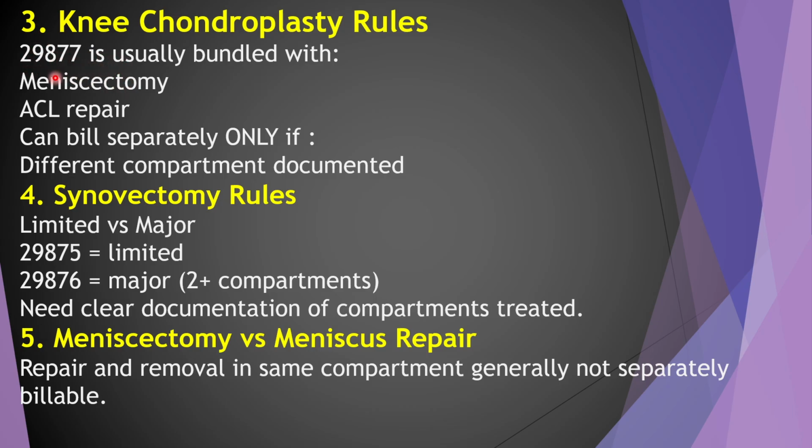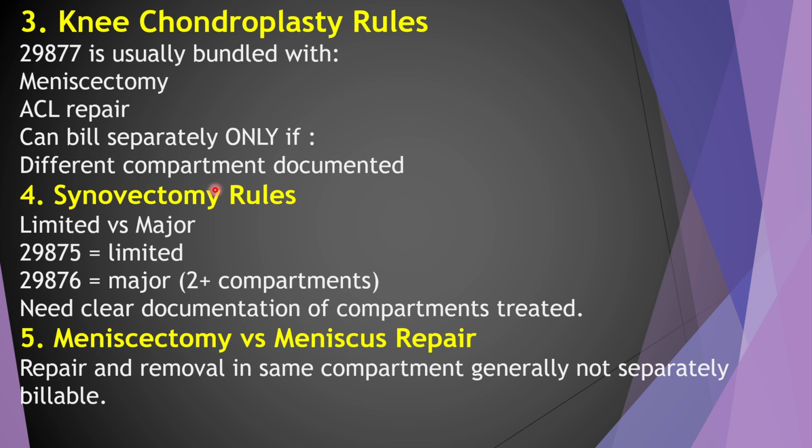It cannot be billed along with this. The chondroplasty code cannot be coded with the meniscectomy code because it is already included in the meniscectomy. But if the compartment is different, then we can code these two codes.